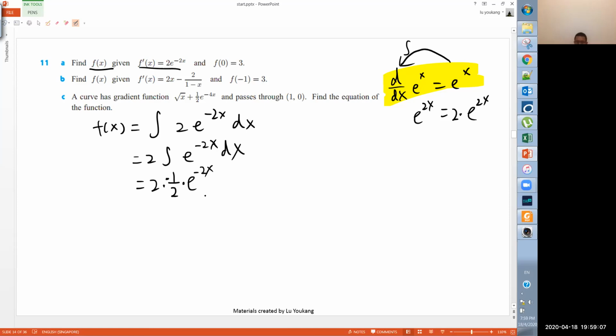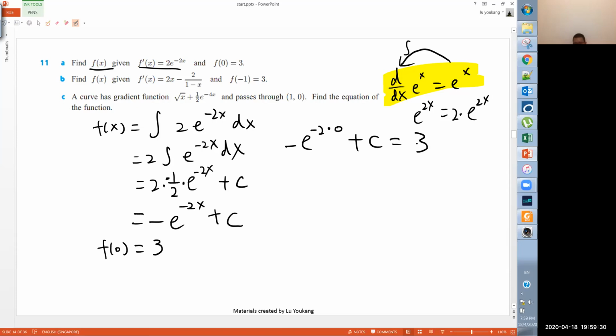Okay? So now, let's see. So you should get negative. Okay? So now, it says f(0) is equal to 3. So therefore, minus 2 times 0 plus c is equal to 3. e to the power of 0 is 1, right?